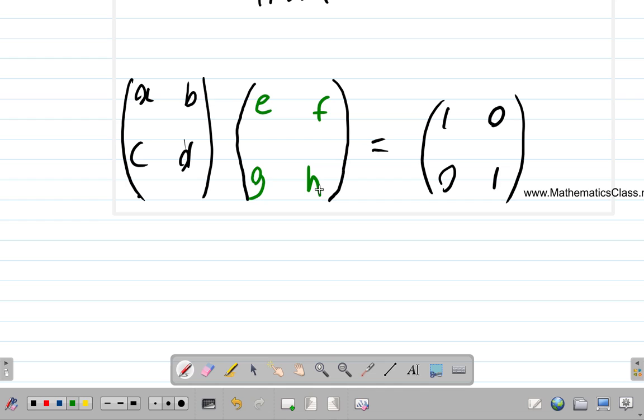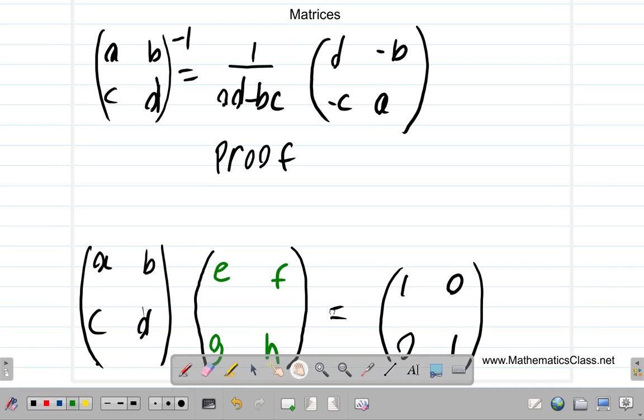What is F equal to? What is G equal to? And what is H equal to? We need to find those things if we're going to find the inverse of this matrix.